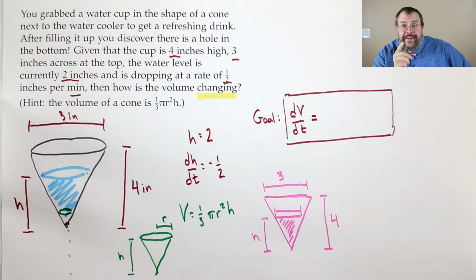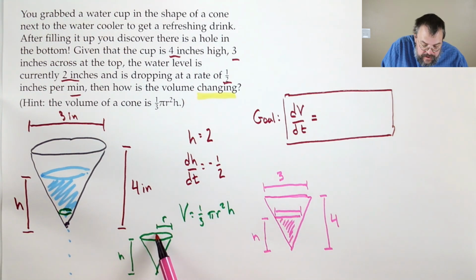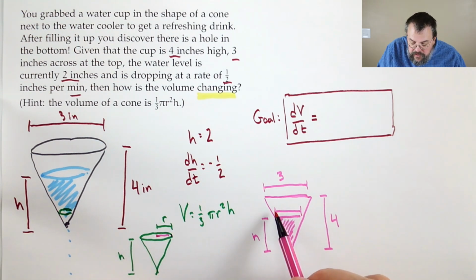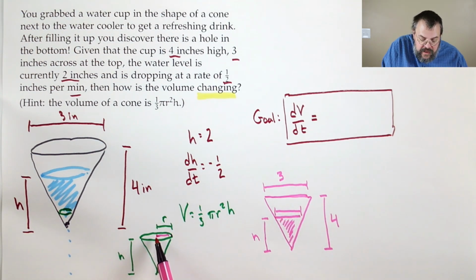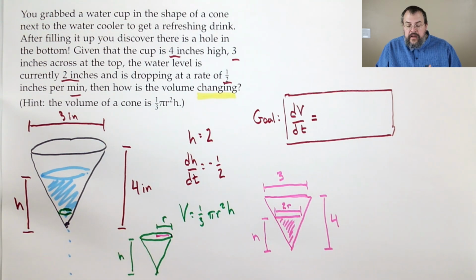Is it r? No, it's not r. It's 2r. Because r, if you think about it, is coming from the center out. See, that's what r is. So if I'm going all the way across, it's like I went from the center out in both ways. So I get 2r.